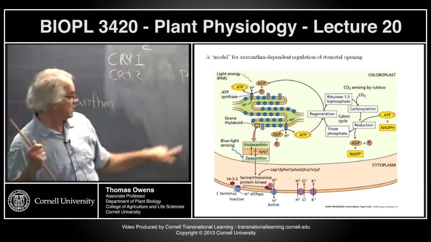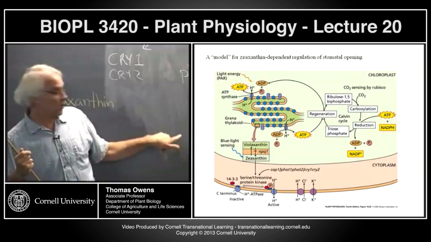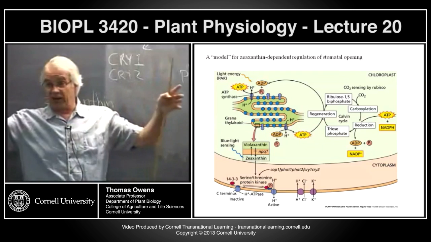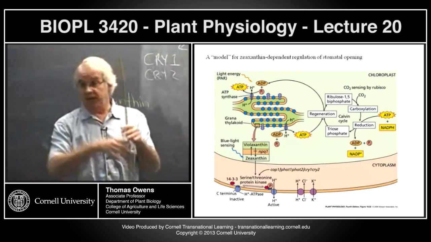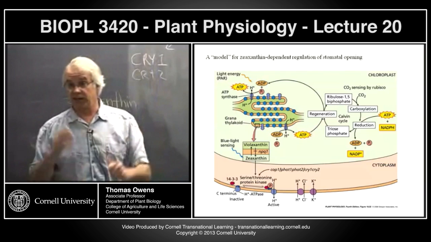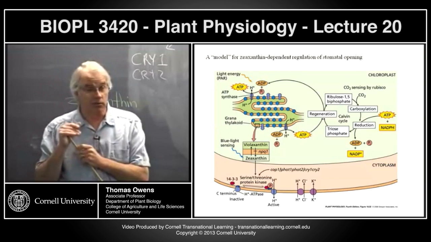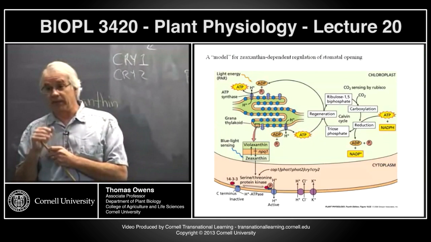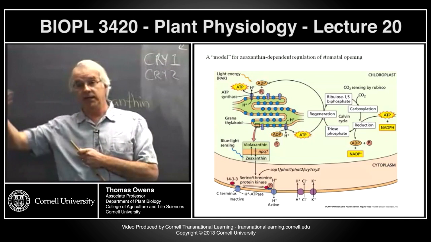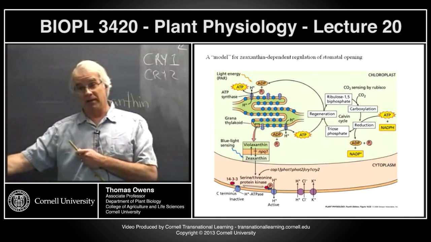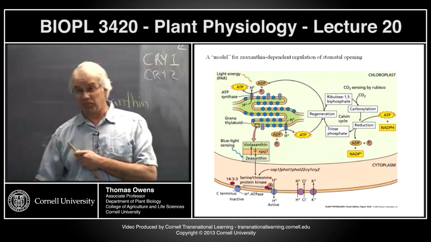Just like PHOT1 and PHOT2, one of them takes care of chloroplasts spreading out evenly in dim light, and the other one takes care of chloroplasts aggregating on the sides in bright light. It could be two completely different proteins. So that's one example of data that he uses to support his hypothesis that really doesn't support it very well.